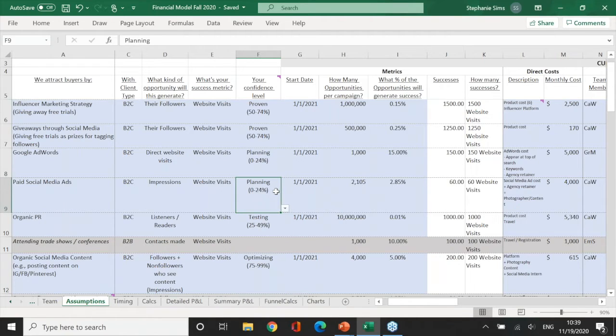However, if we're new to social media ads, paid social media ads, then we probably need to be a little bit more rigorous with the way that we set up our experiment and the way that we test our results before we go out and make big investments in that particular assumption. So that's one thing that can help you internally.